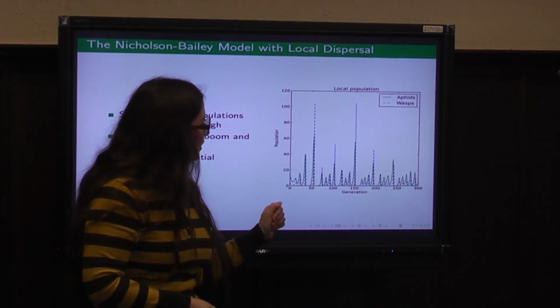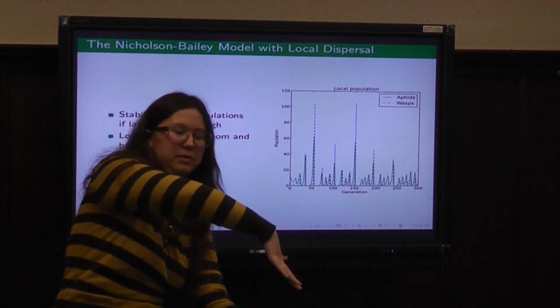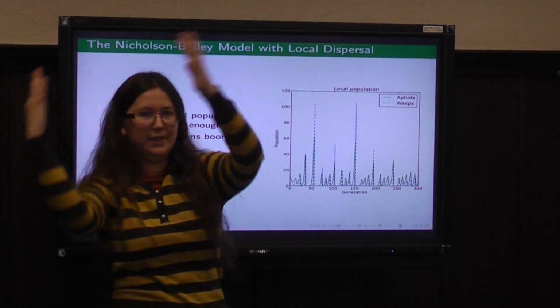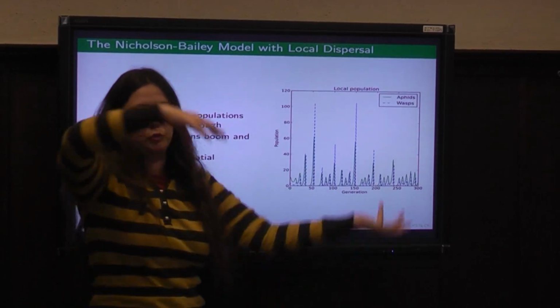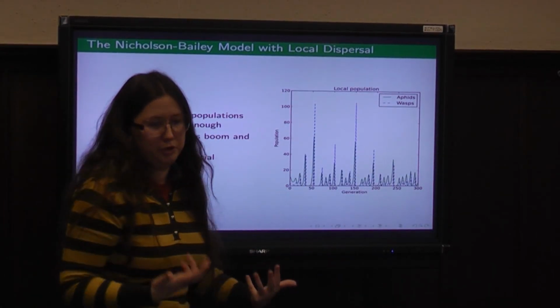When you watch these, you can see the wasp fronts are kind of chasing the aphid fronts in essence. So if you have a big enough space, there's room to escape and room to get this swirling around motion going on.